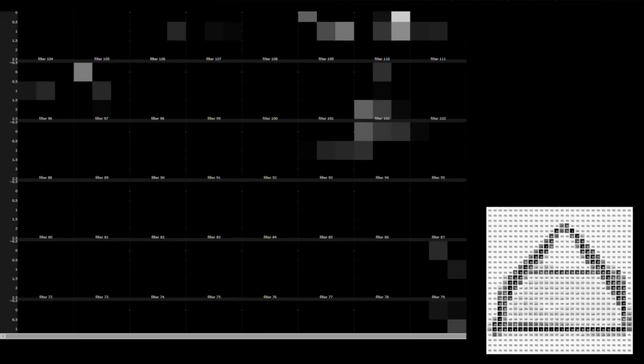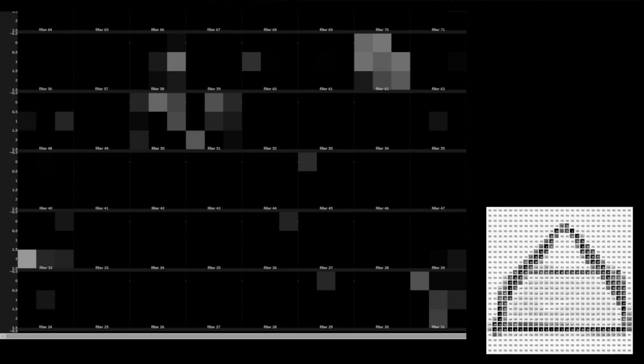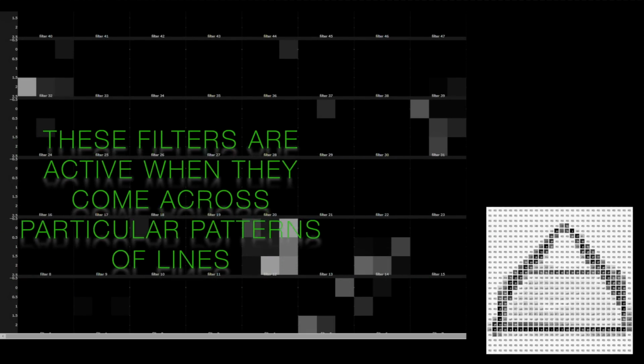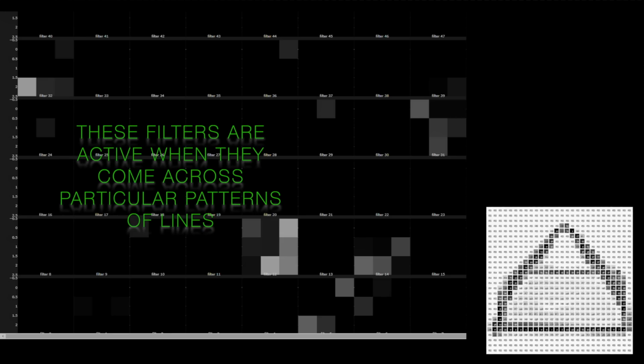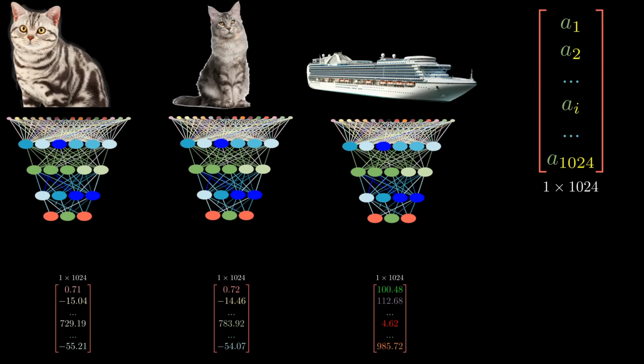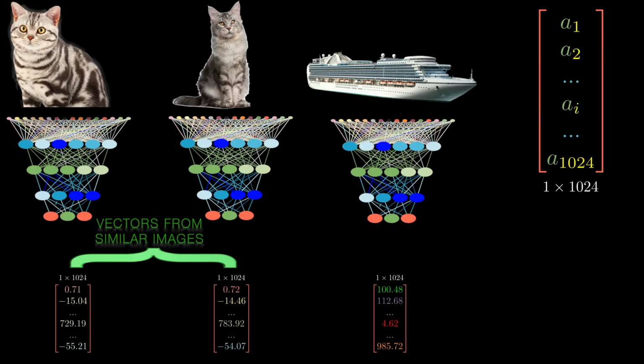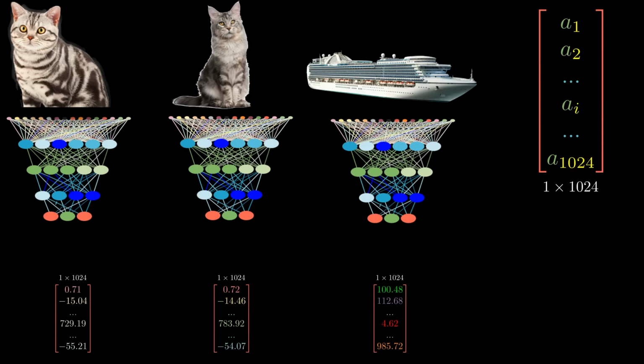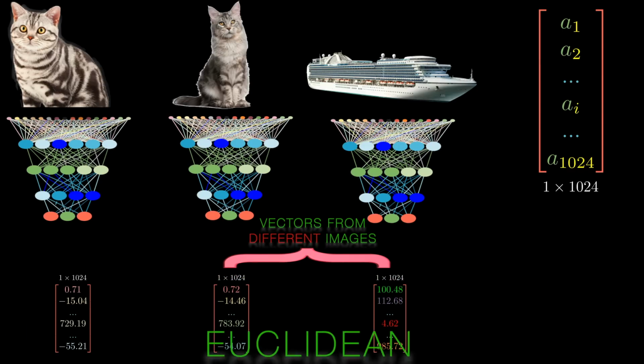Another set of downsampling and filtering will produce strong activations when certain intersections of lines form specific patterns, and weak activations otherwise. These pattern activations will be very similar for similar types of images. Just as importantly, they will be very, very different for different types of image.